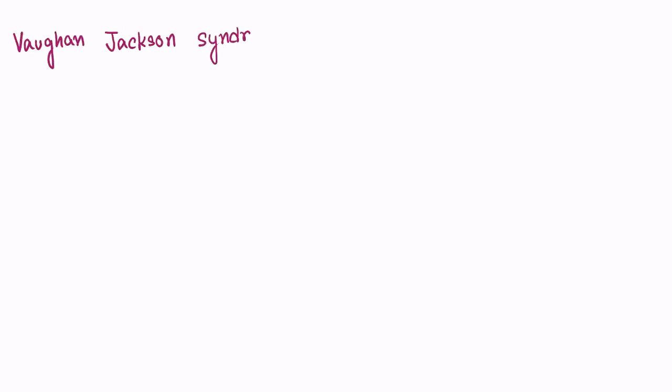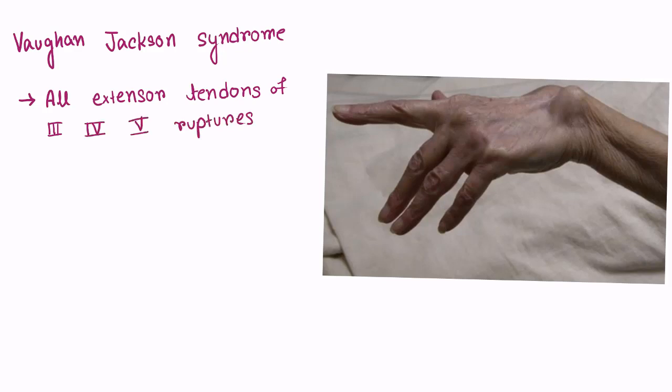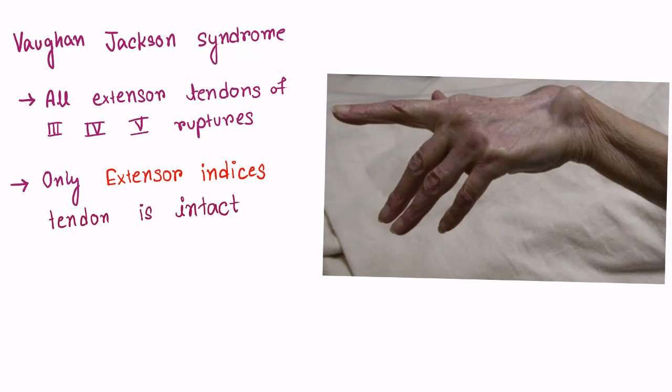Now come to the Vaughan-Jackson syndrome. In this syndrome, the extensor tendons, that is the third, fourth and fifth extensor tendons, are ruptured. Only the extensor indicis tendon is intact. Next is intrinsic plus deformity.